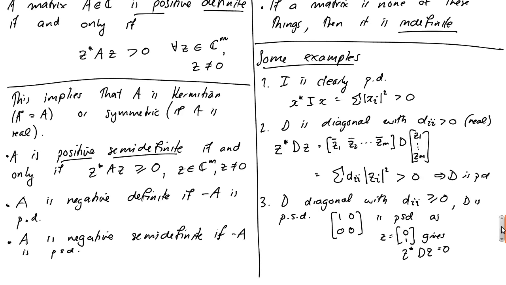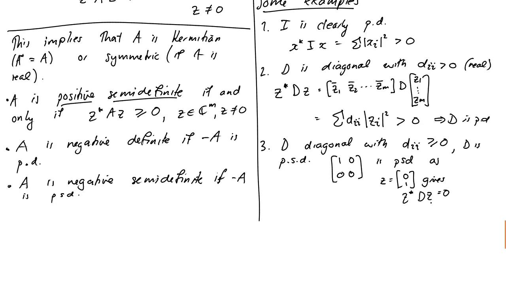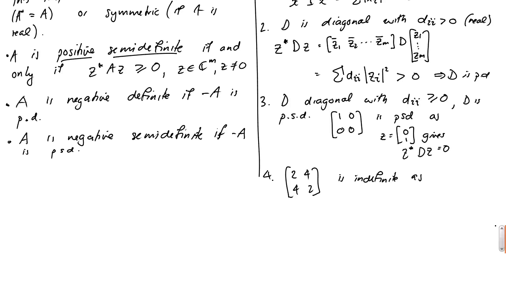Okay, just to round this off, we'll do an example of an indefinite matrix. So if I just write down a matrix with numbers in it, I may as well make it symmetric though, because we're always going to be looking at Hermitian or symmetric matrices, is indefinite, as for example z = (1, 0) gives z star Az equals 2, and we could choose a different z, (1, negative 1), gives z star Az equals negative 4.